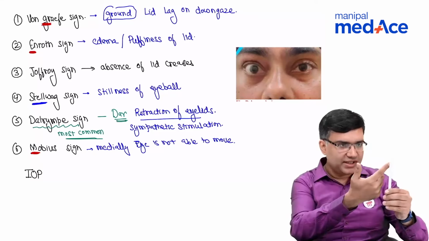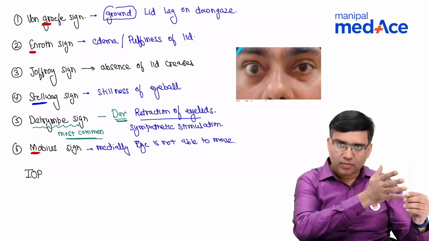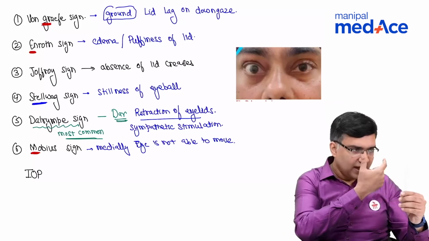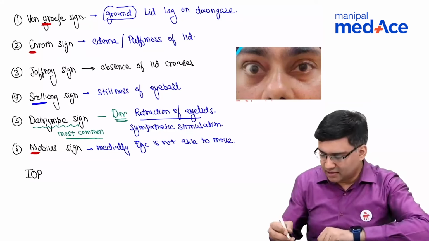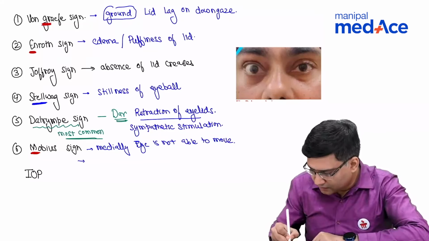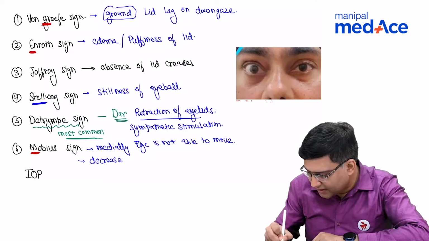Let's say I'm seeing this pen, and when I'm seeing this pen, this is what my accommodation is basically going on, and with accommodation my eyes move in medially. So this is decrease in the ability to converge.